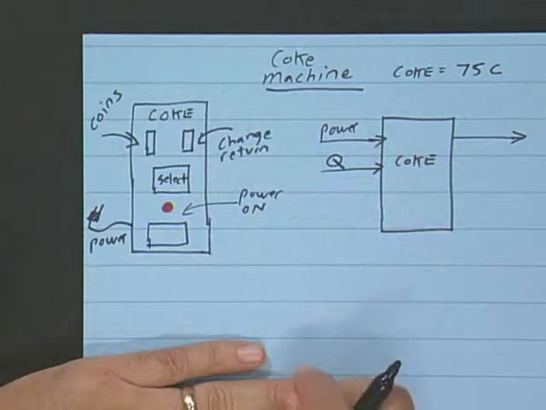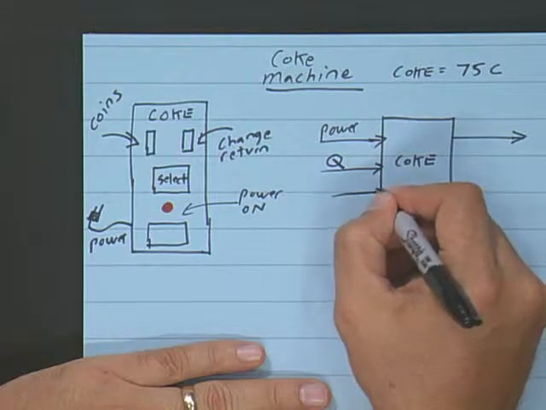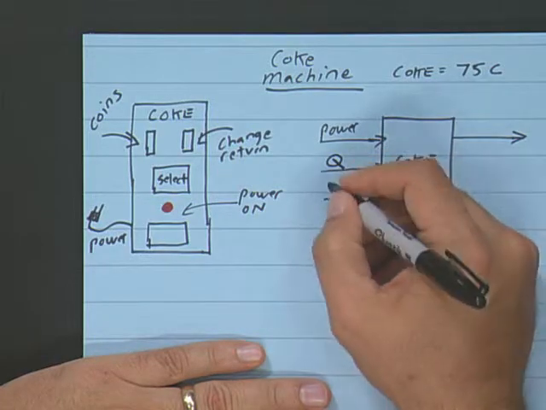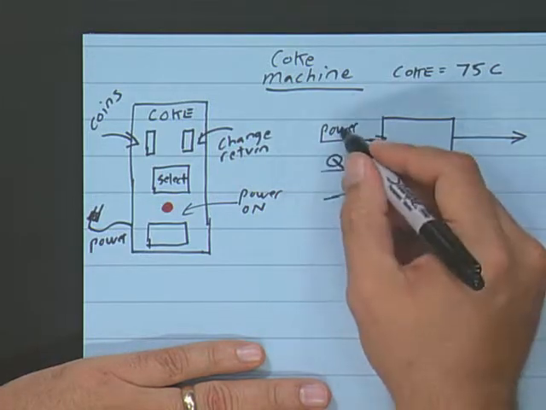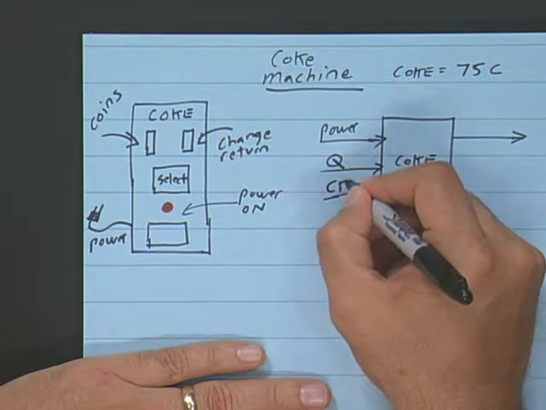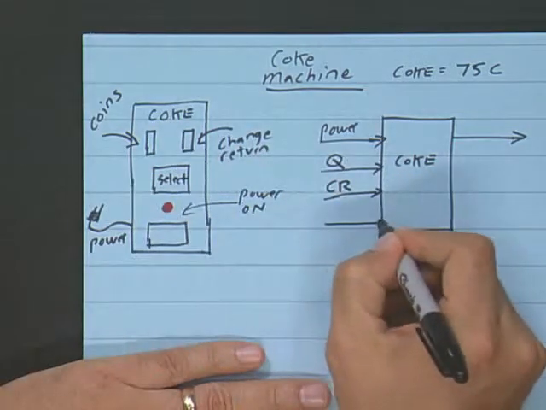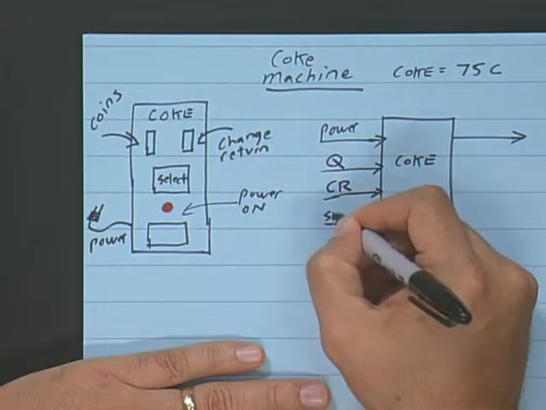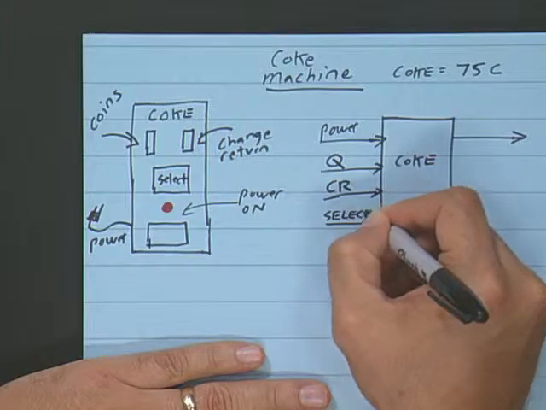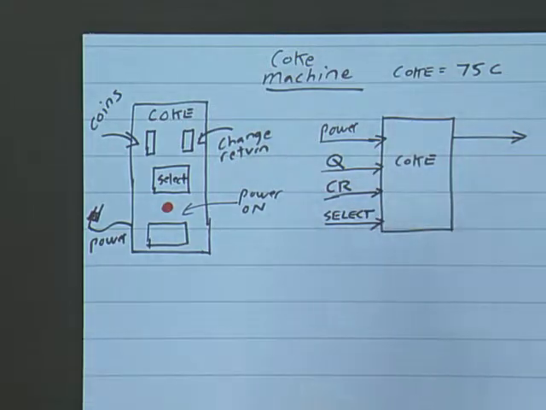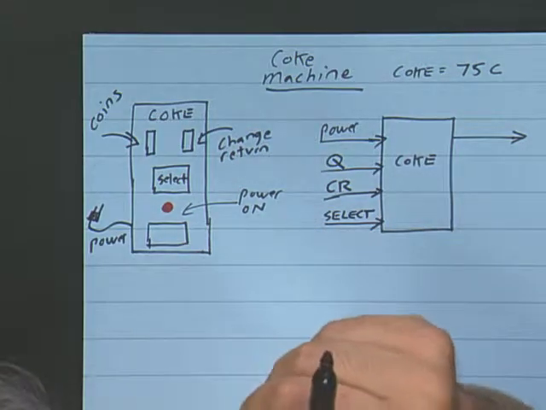What other inputs do I have? I've got power, coins. I've got change return. That's needed to get my coins back. And I've got the select. Okay, coins, change return, select, power.